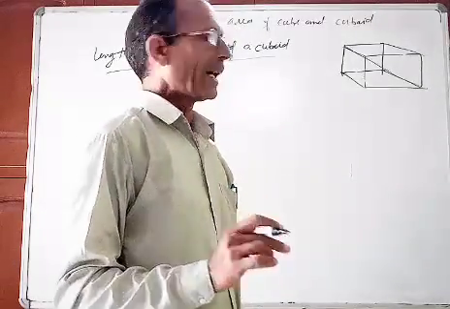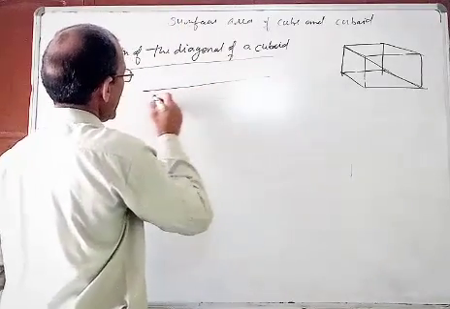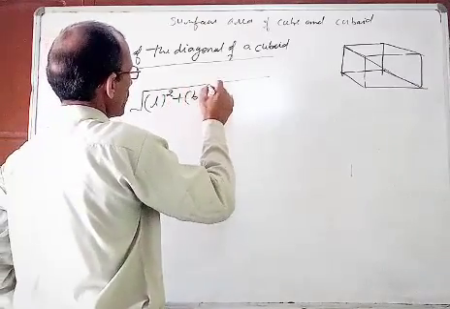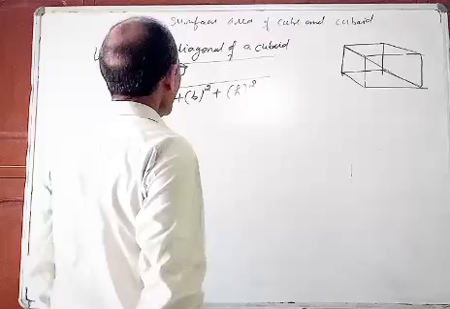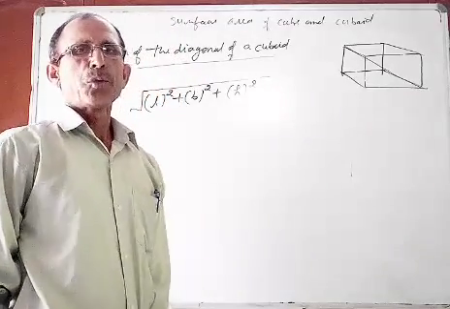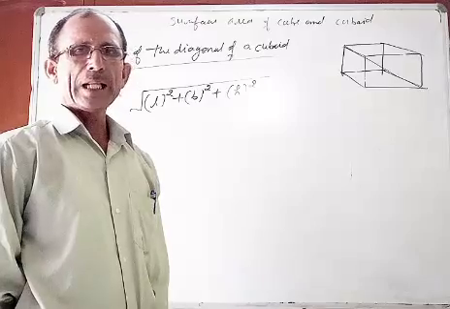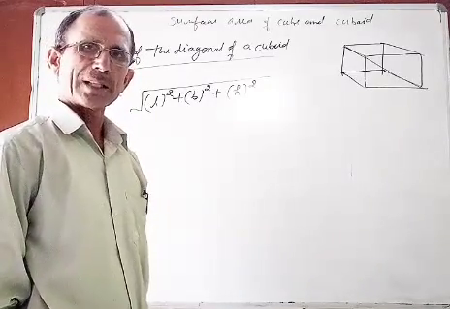So the formula for the length of the diagonal of a cuboid is root of L square plus B square plus H square, that is, length square plus breadth square plus height square.